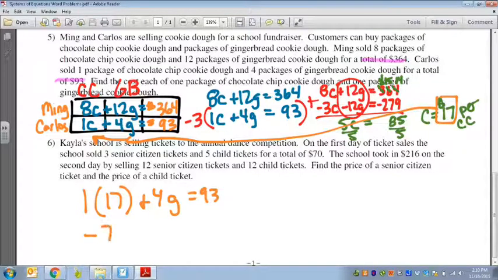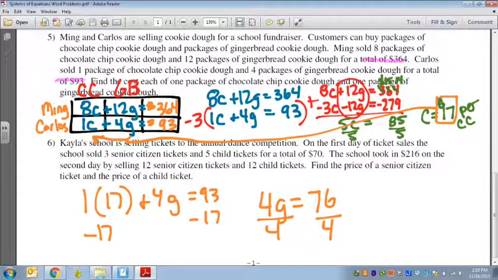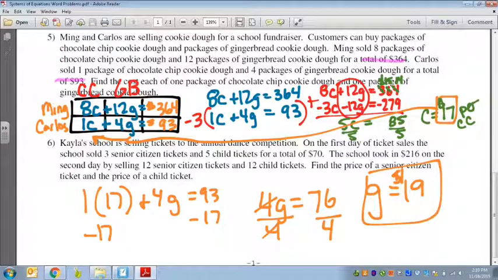So I'm going to subtract 17, and 4G equals 76. 76 divided by 4 is going to give me G equals 19. So 19 what? $19 per gingerbread package.